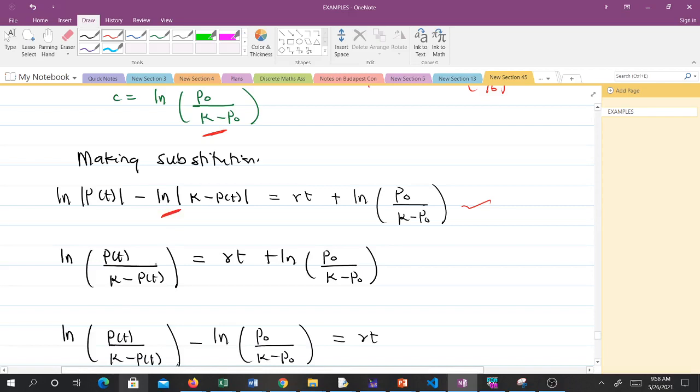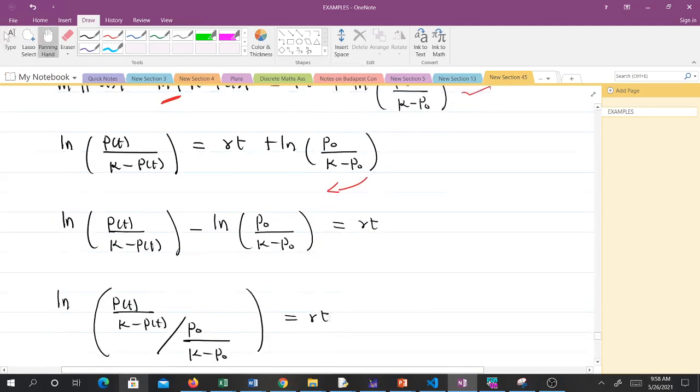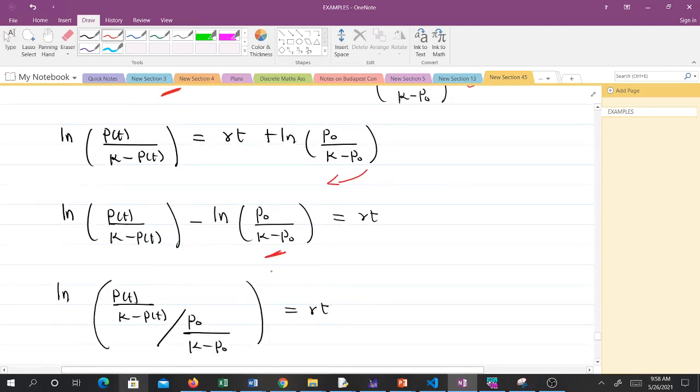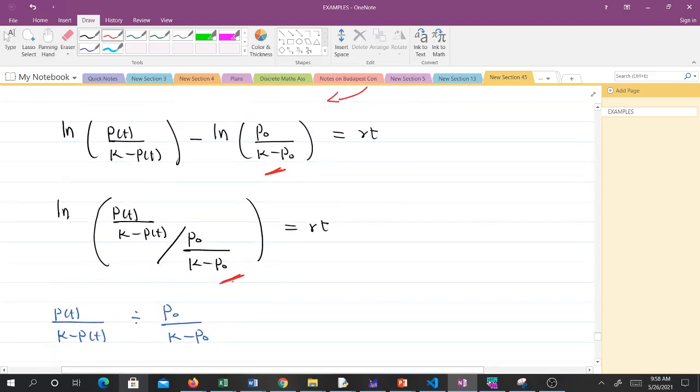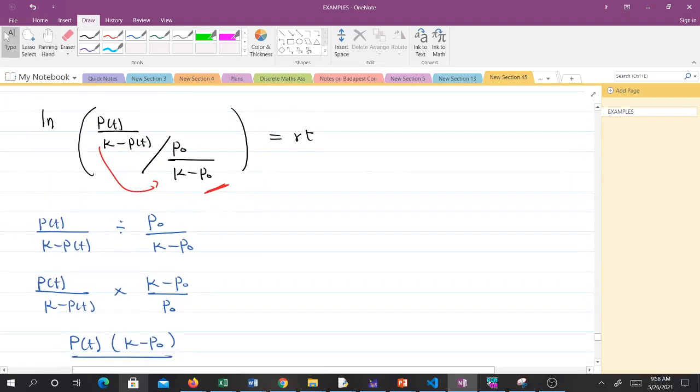And I know by now you know why. So this is equal to rt plus ln of p naught over (k minus p naught). So we can bring this to the left hand side and we'll get this, right? Then we can combine them to get this. This is very simple. Okay, so now let's simplify what is inside. Okay, so that's what we have here.